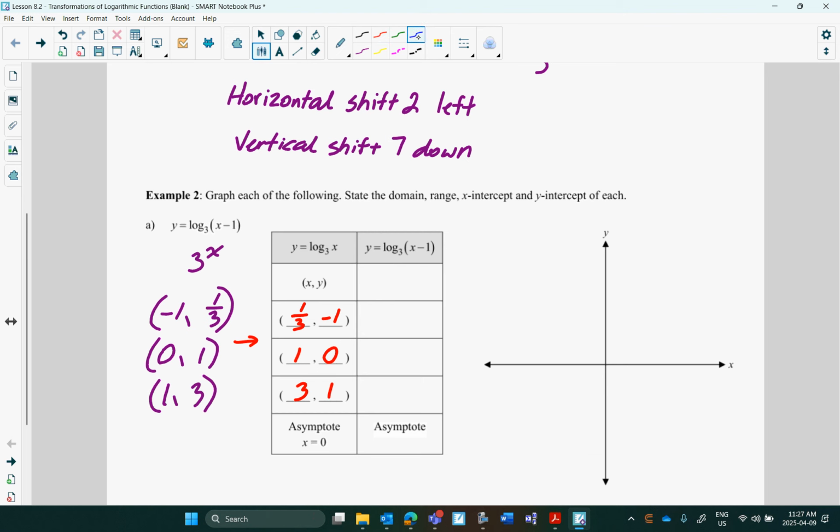So now we can do the transformation. Well, what's the mapping notation? Y stays the same, x plus 1, good. So we got to convert all those points. So 1/3 plus 1 is the same as 1/3 plus 3 over 3, which is 4/3, or 1 1/3, comma negative 1. 1 plus 1 is 2, comma 0. 3 plus 1 is 4, comma 1.